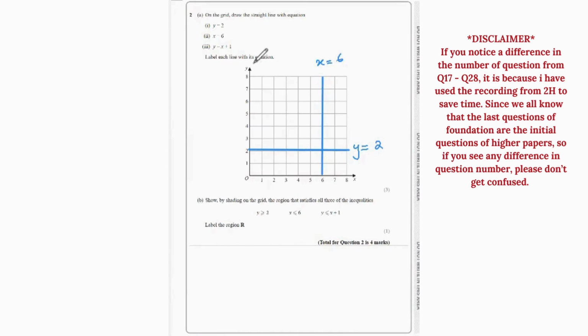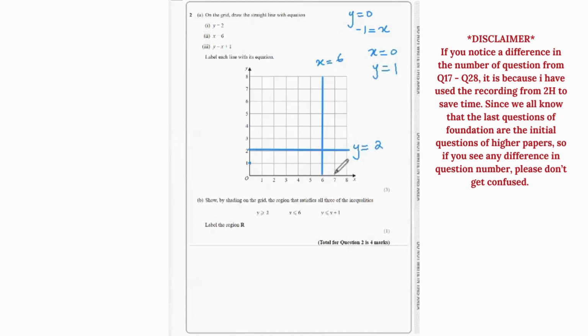y equals x plus 1 means that we have the y-intercept of 1, which means the line is passing through here. For the other point, we know that when y is 0, x is going to be -1. And when x is 0, y is going to be 1, which is the y-intercept. -1 is the x-intercept, but we don't have the negative axis over here.